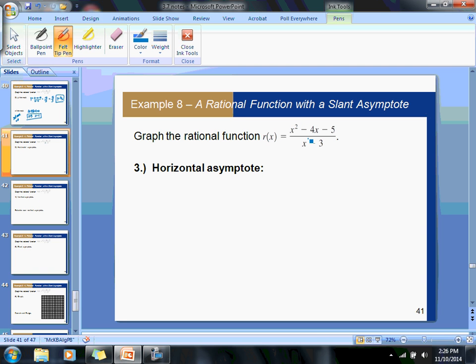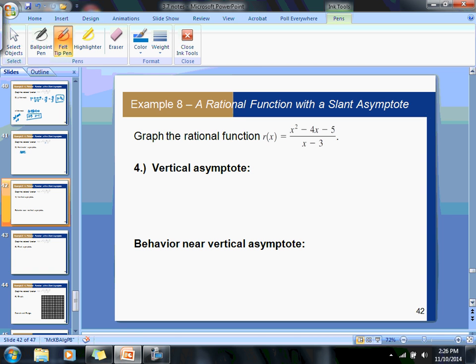They're not equal, so I don't want a ratio. If the degree of the numerator is less than the degree of the denominator, then it's just automatically y equals 0. I don't have that either. I have the third case where the degree of my numerator is greater than the degree of my denominator. So in this case, I have no horizontal asymptote. That's usually going to happen when you have a slant asymptote.